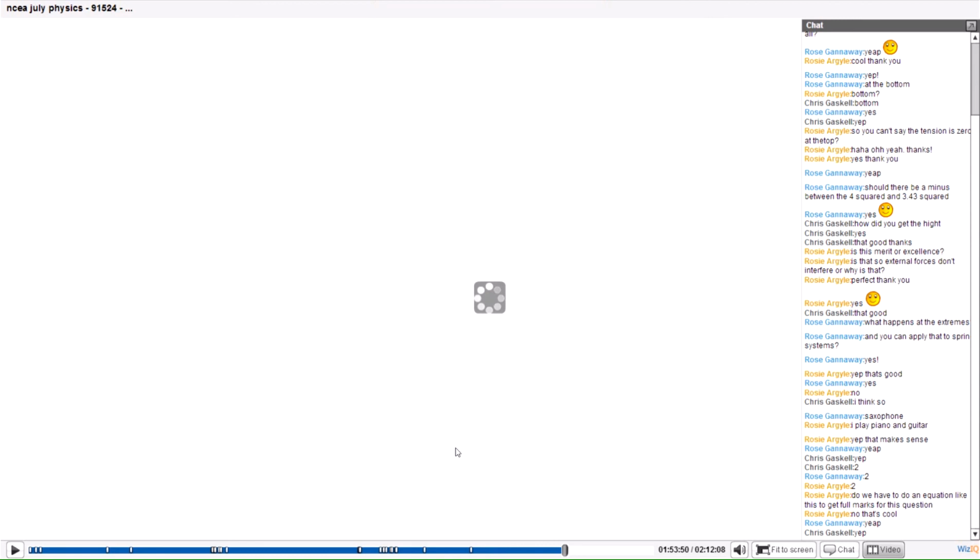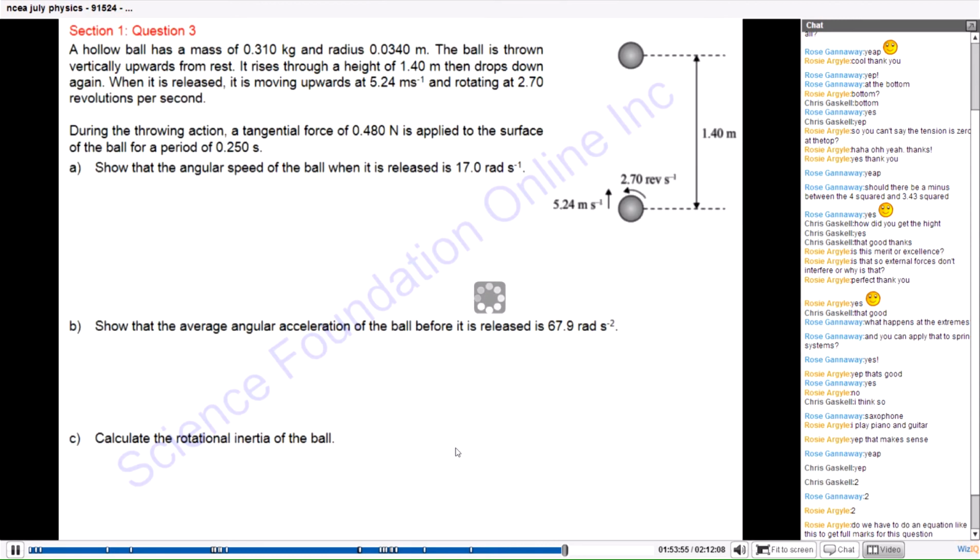Let's begin. We know it was at rest. It said the ball is thrown vertically upwards from rest.